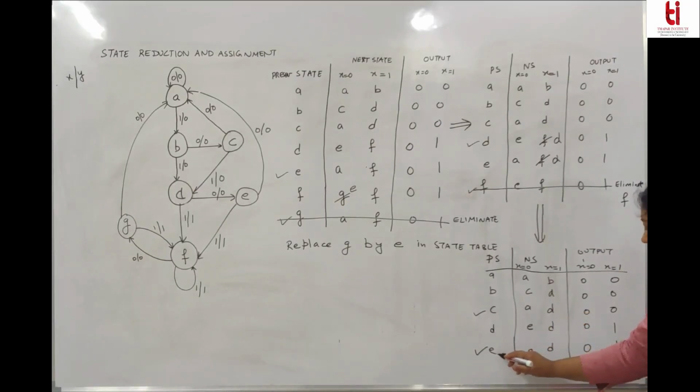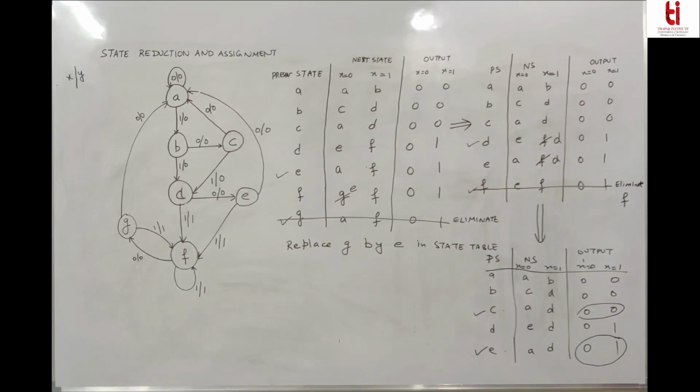And from E it is going to state D for x equal to 1, but the output differs. In this, both these states for x equal to 0 and x equal to 1 are going to the same states, but their outputs are not the same. For x equal to 1, their outputs are not the same. So here we cannot do the reduction.